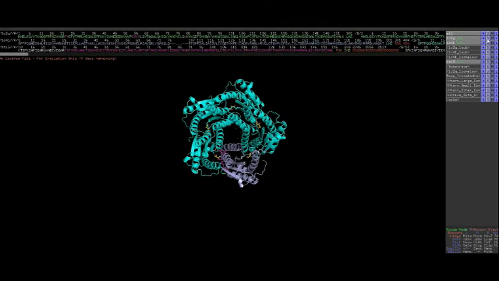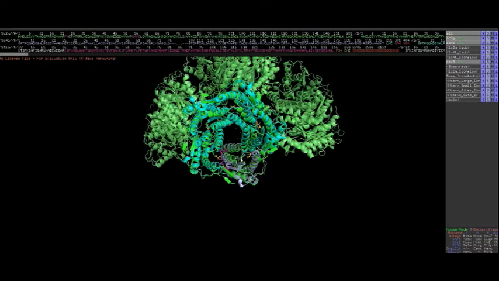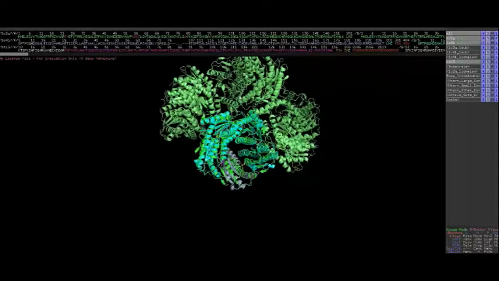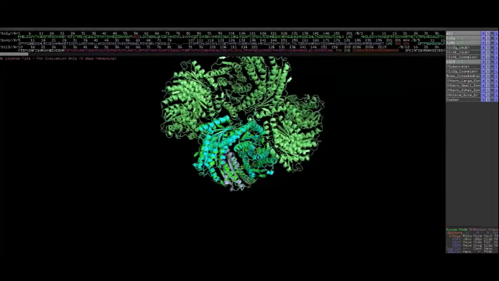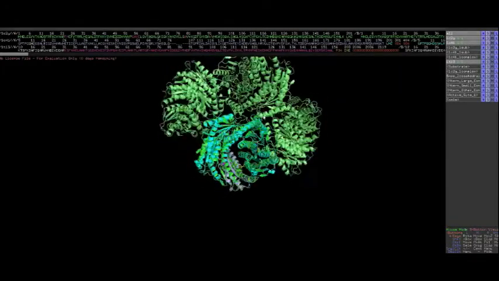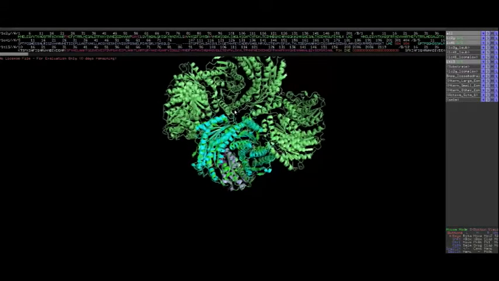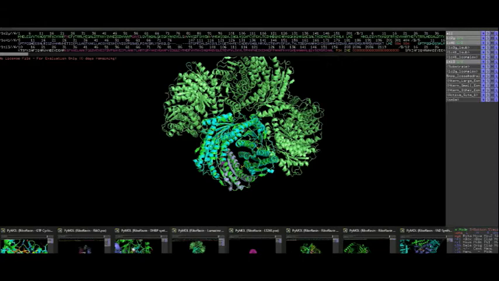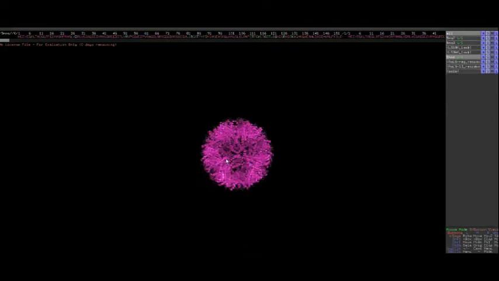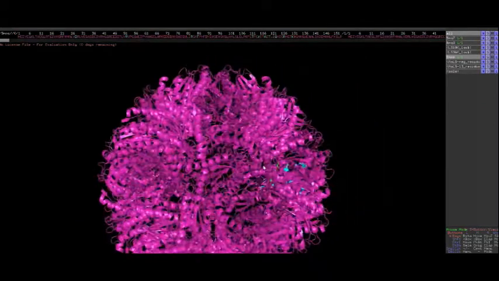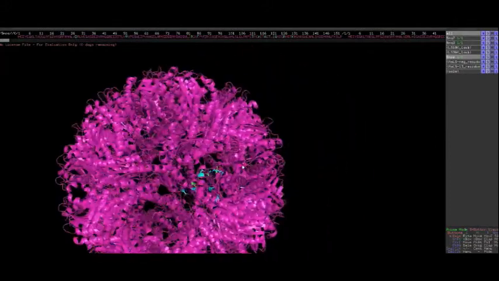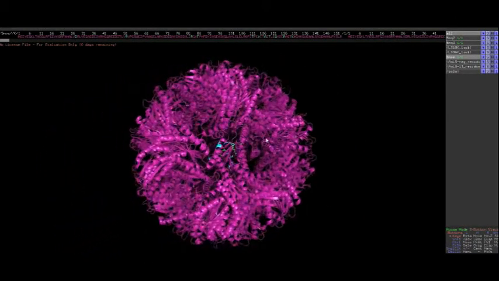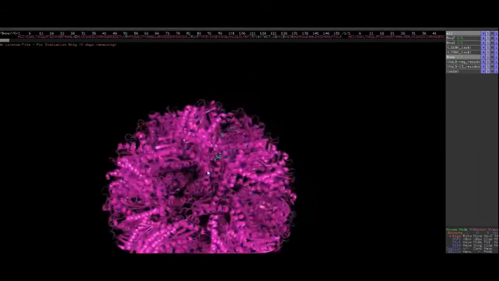So I think, yeah, this is several of those pentamers. This is 4 of those pentamers coming together into a single structure here, at least part of a structure. And then in the next structure, I actually have the full dodecahedron right here. So this is a bunch of those pentamers brought together into the dodecahedron.